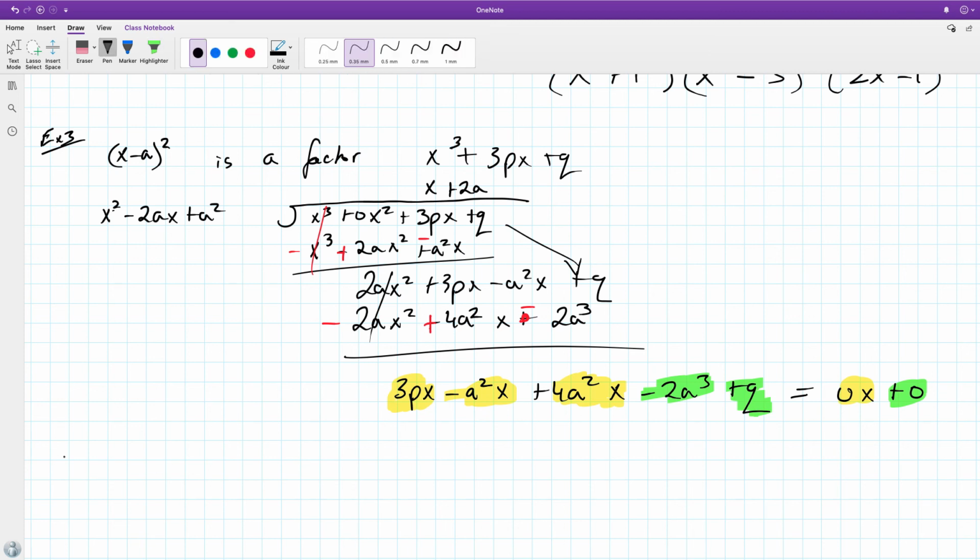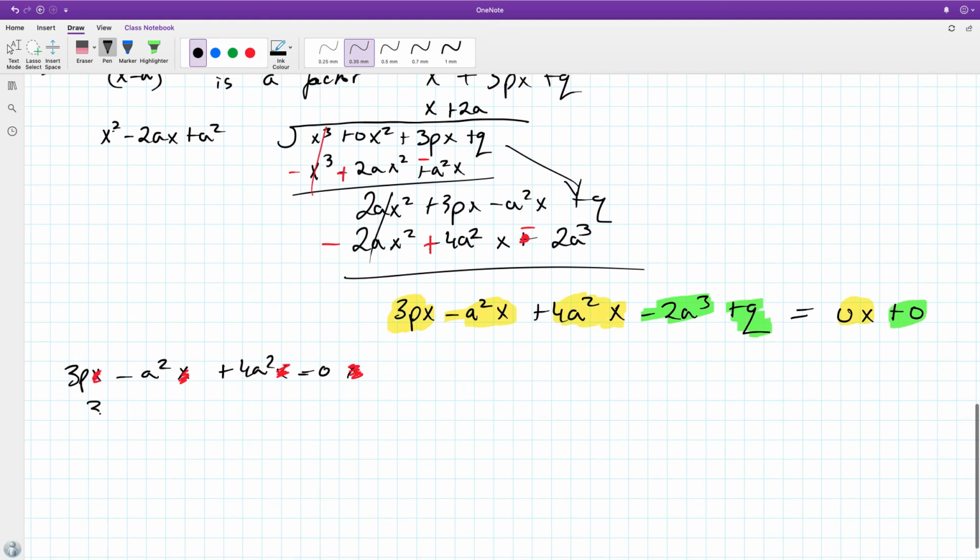Right, we have 3px minus a squared x plus 4a squared x is equal to 0x. Knock out your x's throughout. That is 3p minus a squared plus 4a squared is equal to 0.